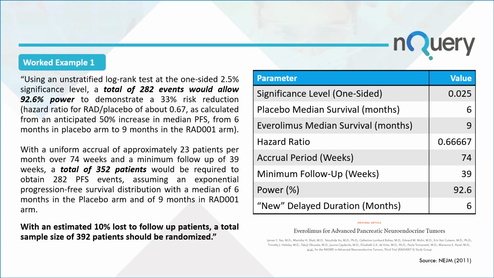So to illustrate this, I'm going to extend a pre-existing example from the survival webinars I've done previously, which looked at everolimus for advanced pancreatic neuroendocrine tumors from the New England Journal of Medicine. What I'm going to do is start off with what they actually planned for in the study, where this particular treatment kicked in immediately with a constant hazard ratio.